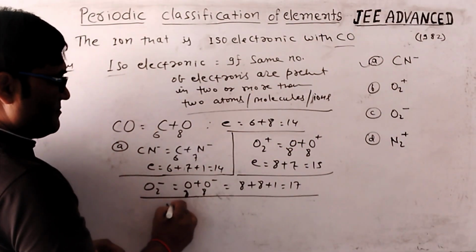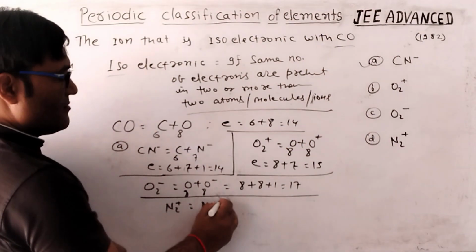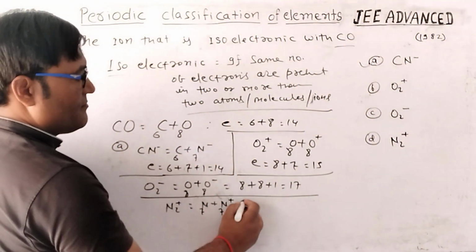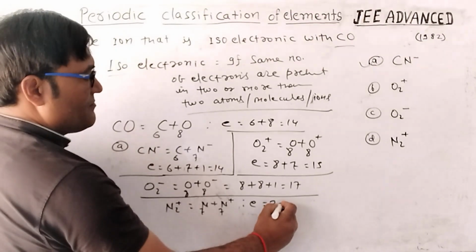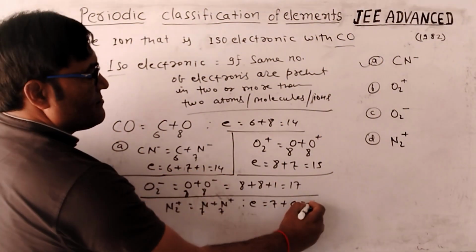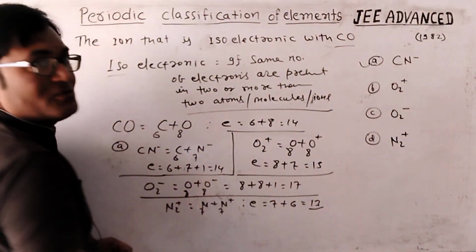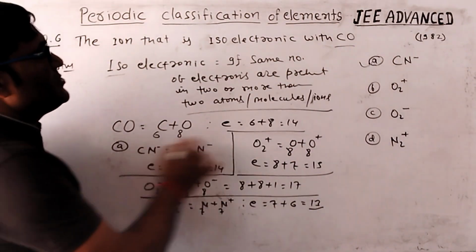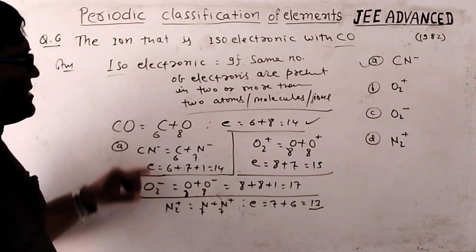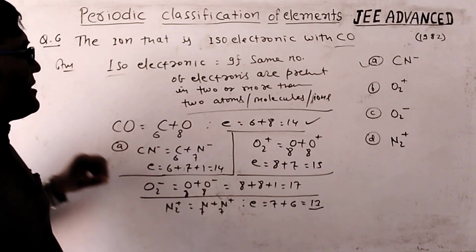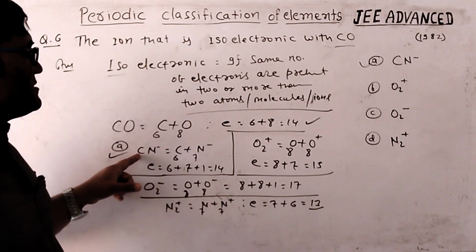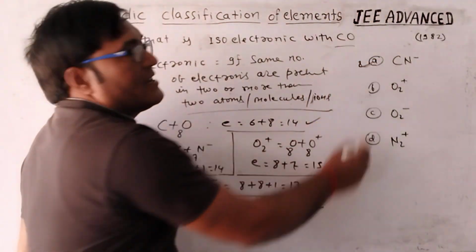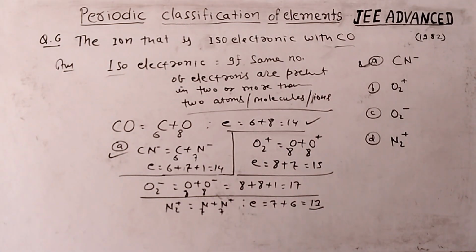Another case, N2 single plus, 7 and 7, electrons are 7 plus 7 minus 1, 13 electrons. So according to the given options, in CO 14 electrons are present, but in all options A, B, C, D only option A is correct, because in CN minus, cyanide ion, 14 electrons are present. So option A is correct. You can take a screenshot.